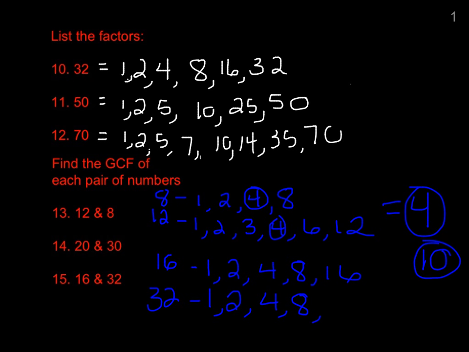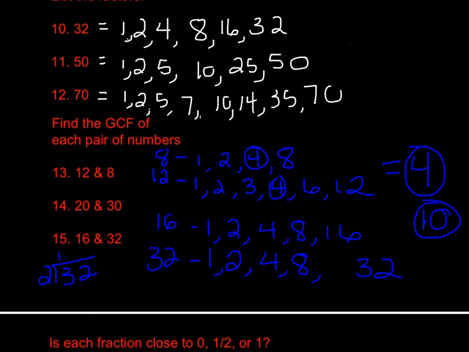And then the only other thing would be whatever 2 goes into it. So if you're not sure and you divide it out, you would see that 16 would be on the list. And so that means that since 16 goes into 16 and 16 goes into 32, 16 is your greatest common factor. Sometimes it is one of the numbers like that, so be sure you're checking to see if one number goes into the other.